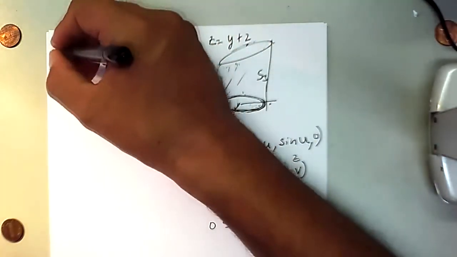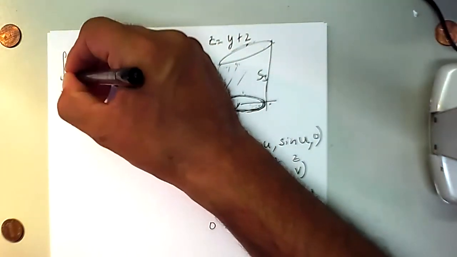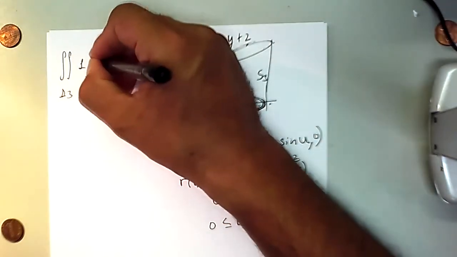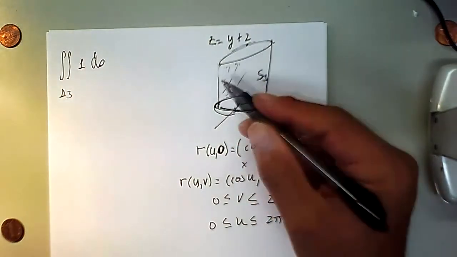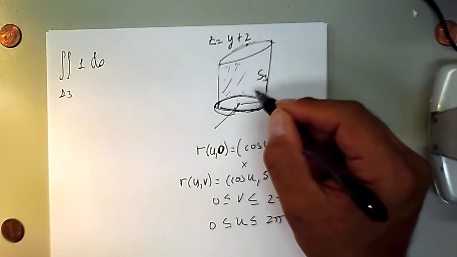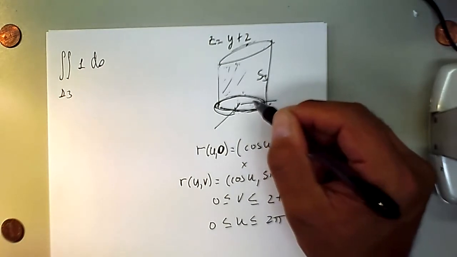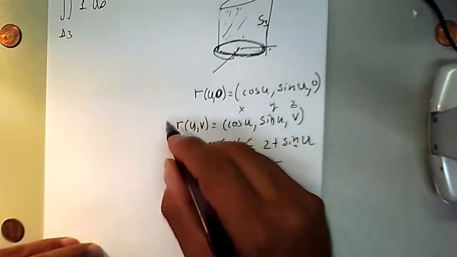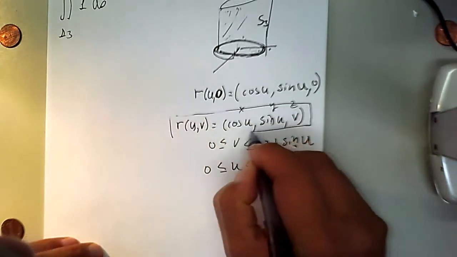So we want to double integrate 1 dS with respect to the surface. Okay, so the question is, oh, there's more to do. So this is our parameterization. I'm going to box it.